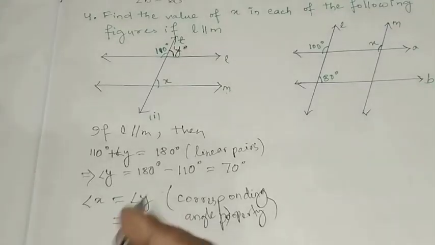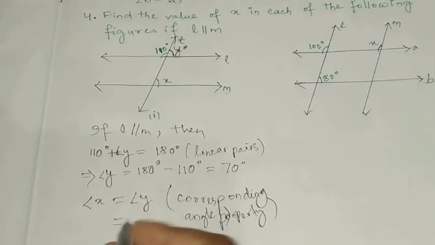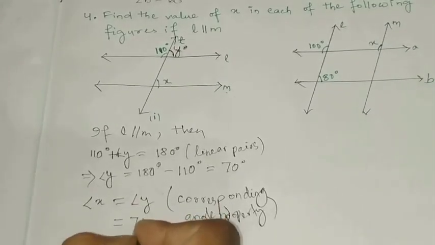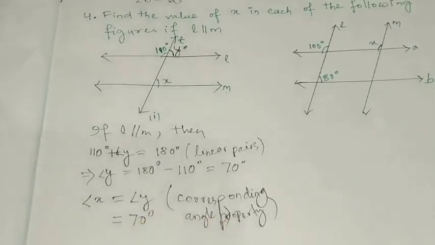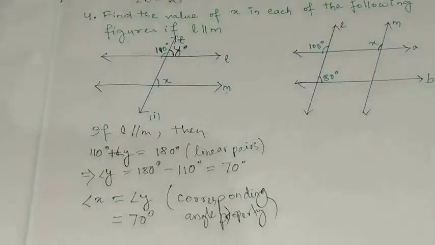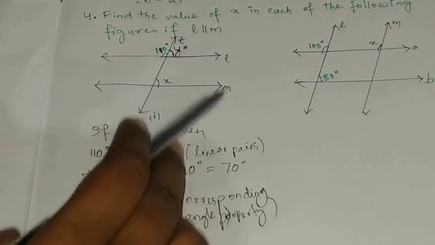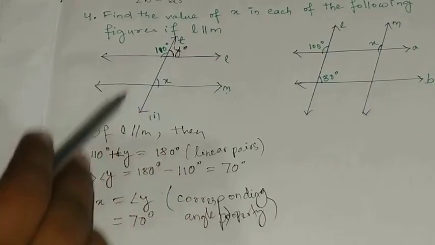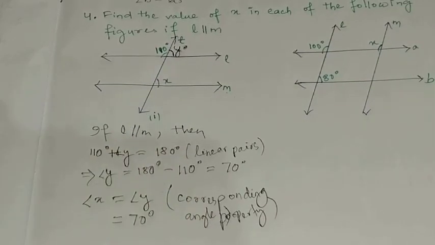That's why angle X equal to how much? 70 degree. Okay, so L is parallel to M and angle X is 70 degree.